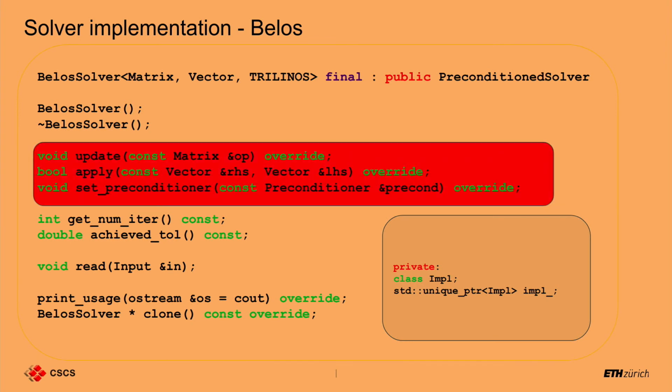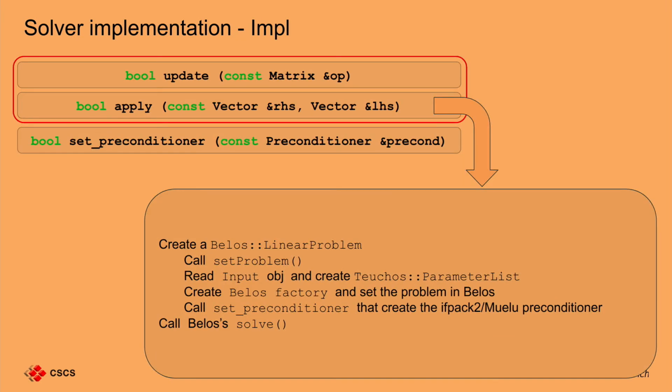In the implementation I showed you before, there was this solve. Solve is actually inherited from the Function class and is calling update and apply. And apply is actually where the Belos code is. So here inside we can see the code that was hidden in the previous example.